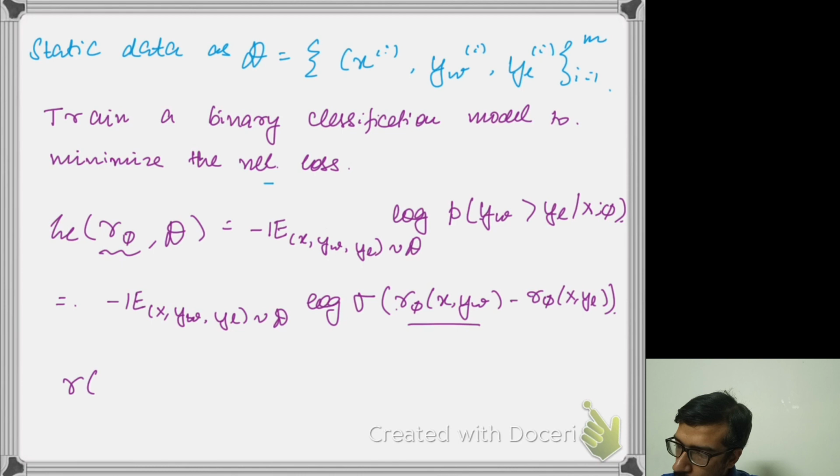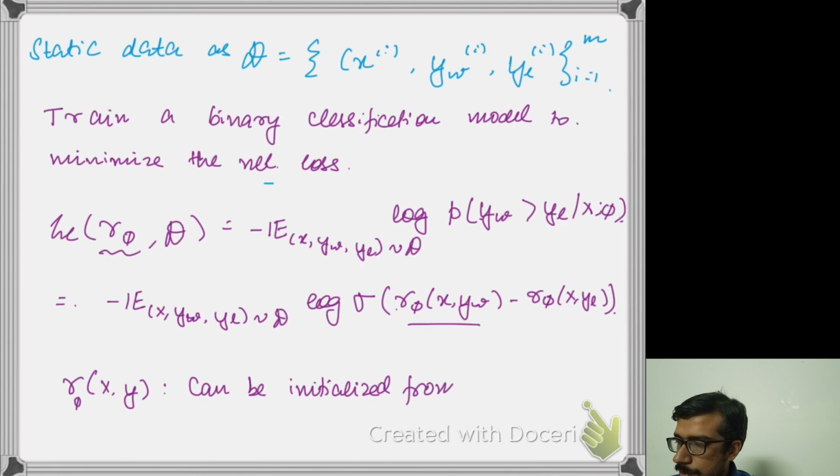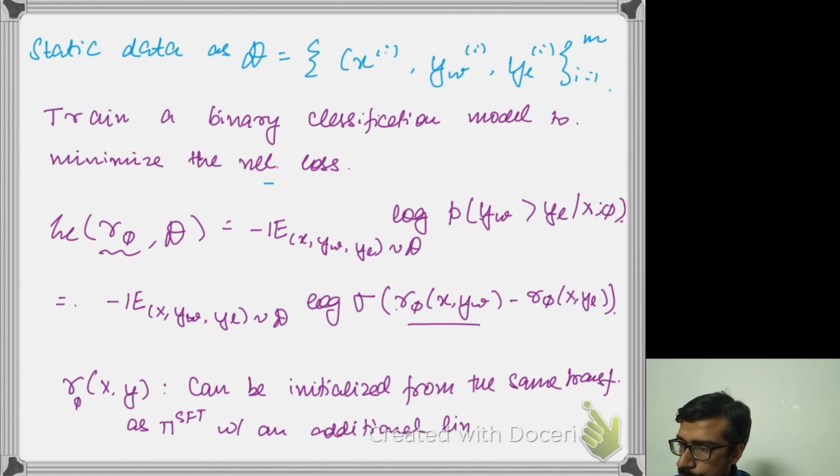So r phi x y can be initialized from the same transformer as pi SFT with an additional linear layer. Okay. Next, what we have is an RL fine-tuning phase.